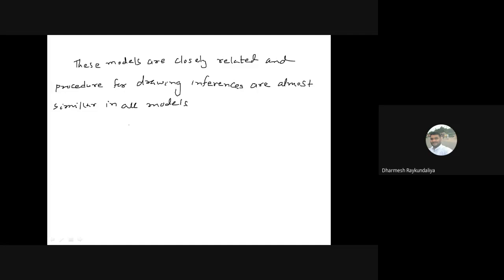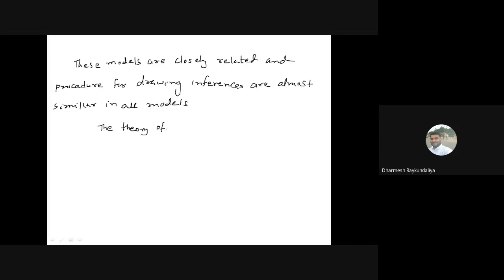So when this kind of models can be useful, these models give the basic theory for the various types of models discussed in the literature. The theory of models, it may be linear models, it may be regression model, it may be design models, or component of variance model.